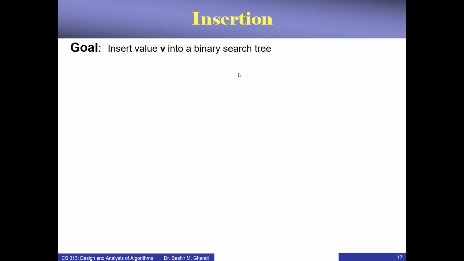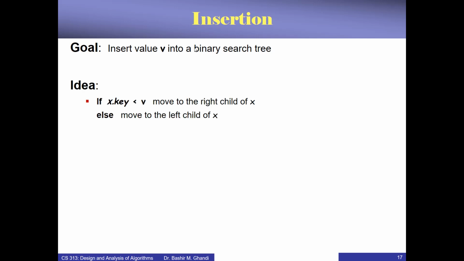And it's very similar to searching. Basically, we're going to be comparing our V against the root or x.key. If V is greater, we're going to try and do the insertion on the right subtree. Otherwise, we do the insertion on the left subtree.